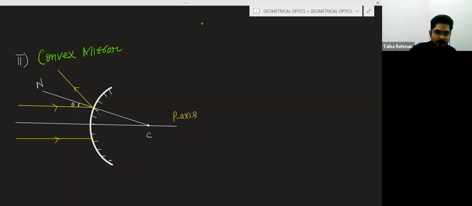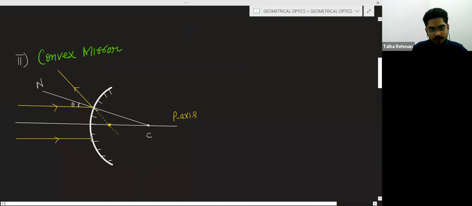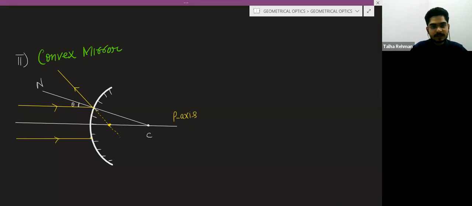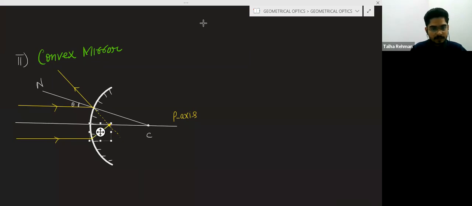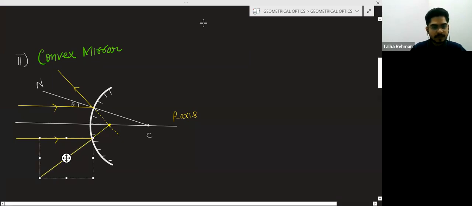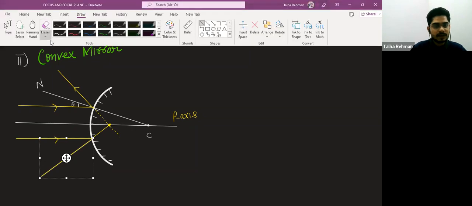When you extend this ray in the backward direction, it will cross the axis like this. Same is the case for this other incident ray falling on this surface. Reflection will take place like this.